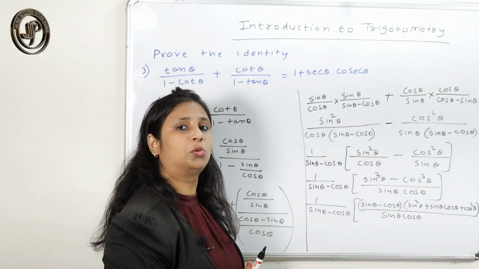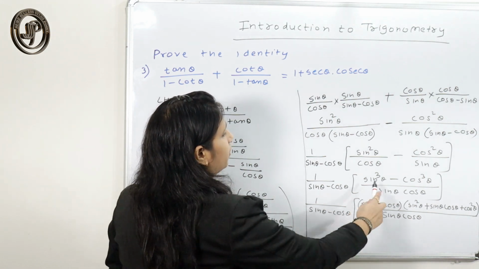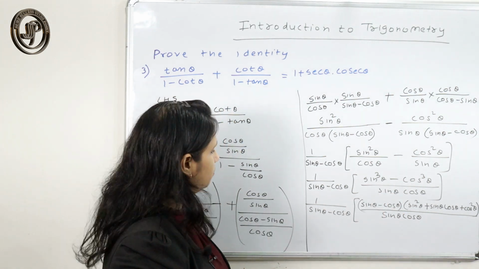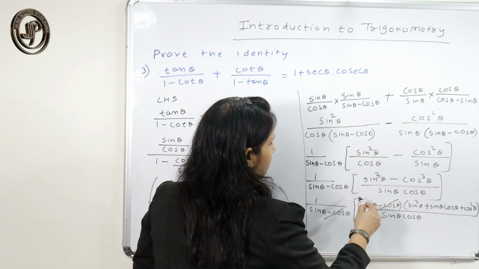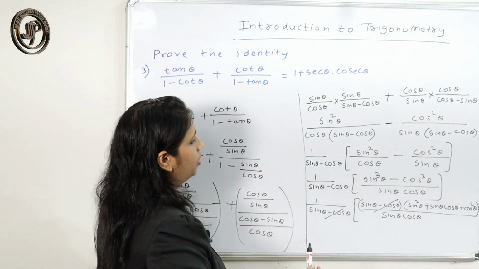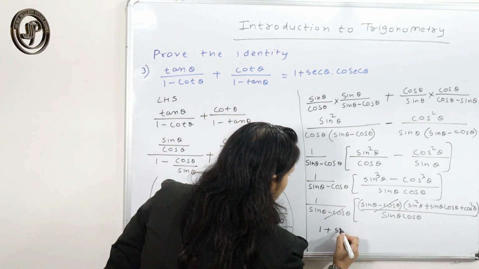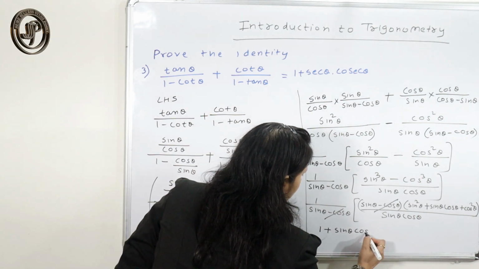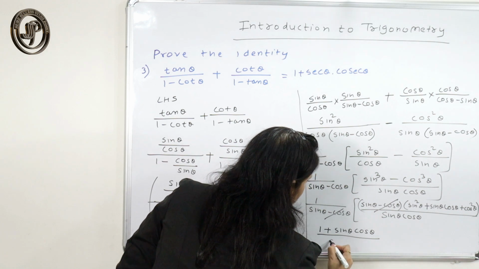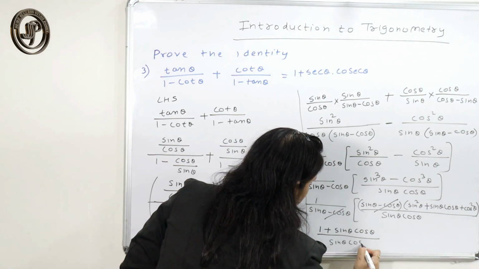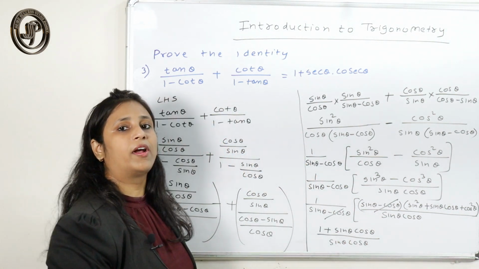That's why they are not able to solve this question. So here the a cube minus b cube identity is important. Then this will cancel out. Here you can write sin square theta plus cos square theta as 1, plus sin theta cos theta upon sin theta cos theta. Now this is your simplified version.